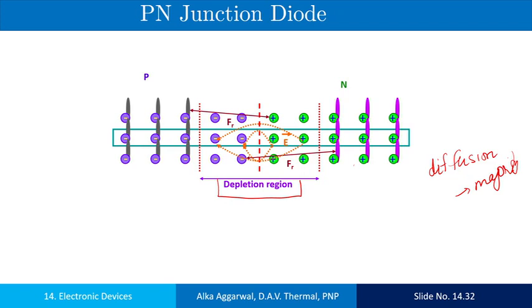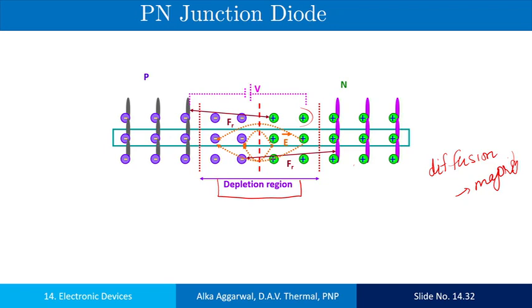Now, there is a positive ion here and a negative ion here. Due to this accumulation of positive and negative ions, an electric field is developed. This electric field stops the further diffusion of the electrons from the n region and the holes from the p region. Rather, it promotes the motion of the minority carriers across the junction.